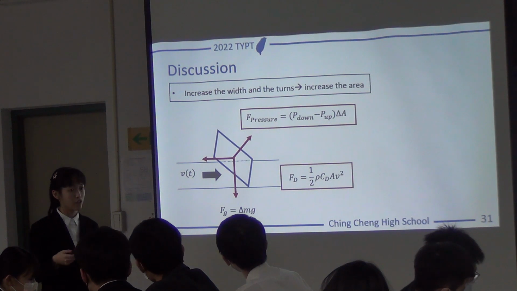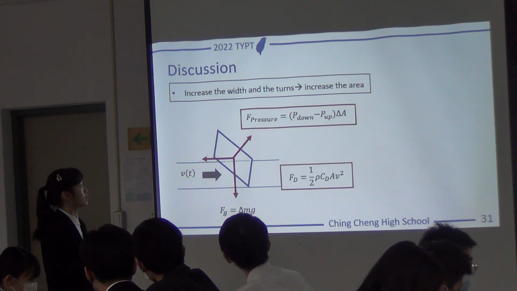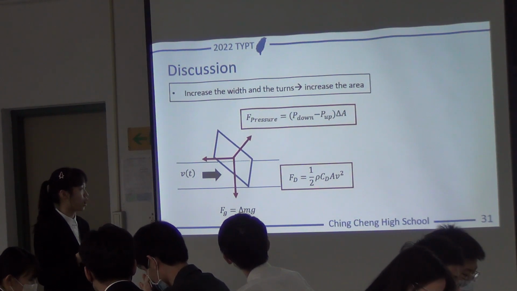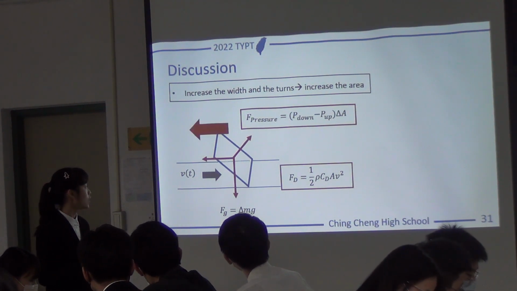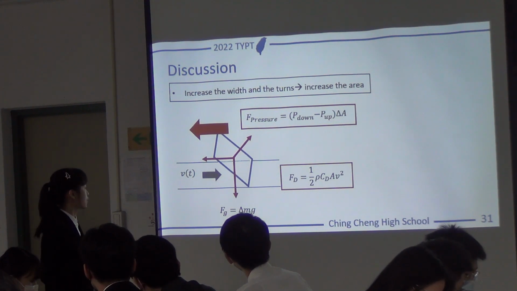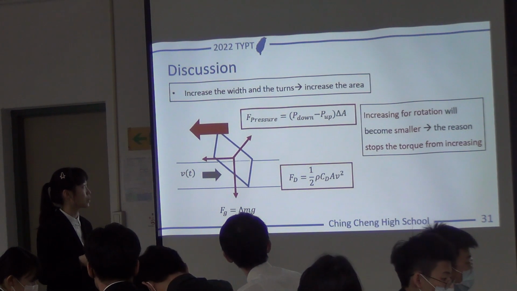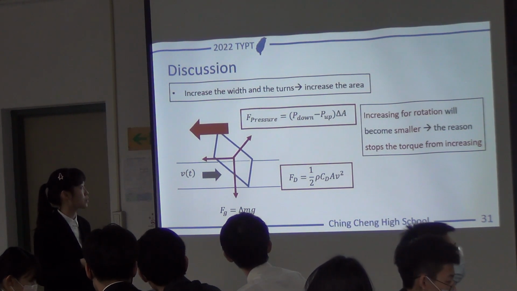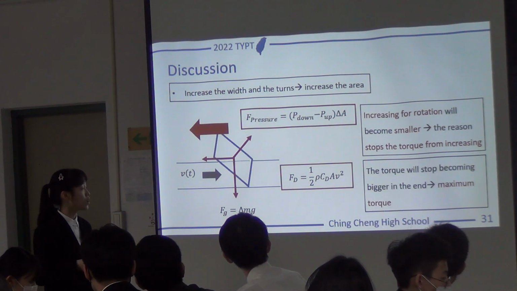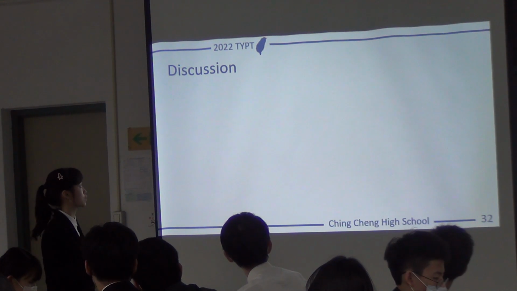At the same time, the force given by the pressure difference will change because when we increase the width and the turns, the circles may cover each other. So the force that is opposite to the direction of the velocity will become bigger and bigger, which means that the angular acceleration will become smaller, and that's the reason that stops the torque from increasing. So the torque will start becoming smaller in the end, and that's how we found the maximum torque.